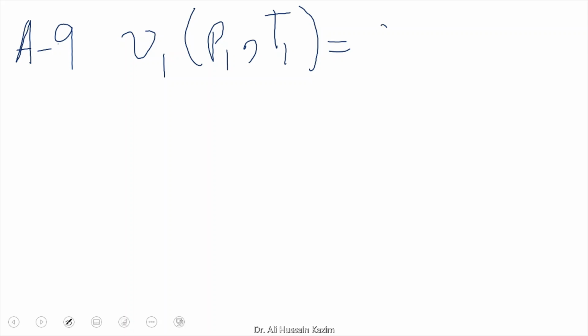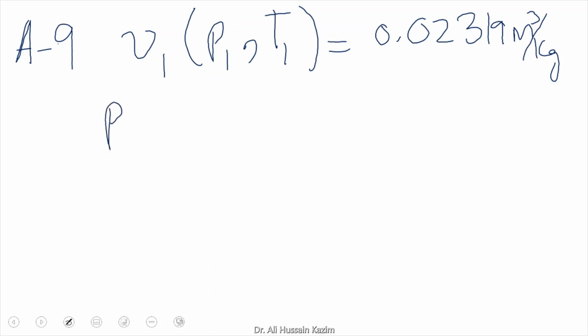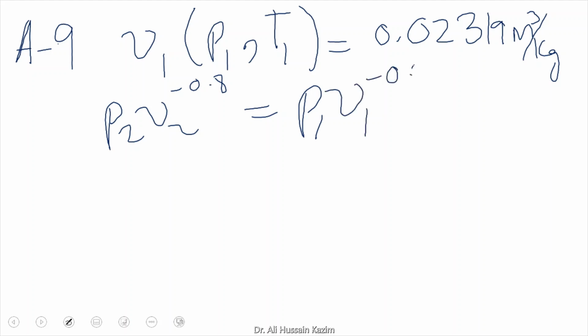So from table A9 we find out that the initial specific volume is, so if we apply the polytropic equation, we get the final specific volume. The only unknown in this equation is the final specific volume.